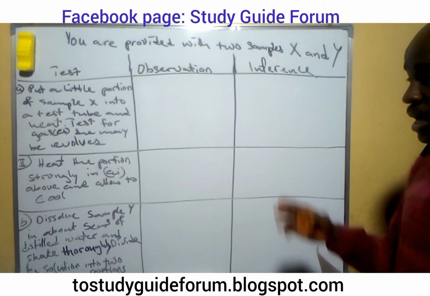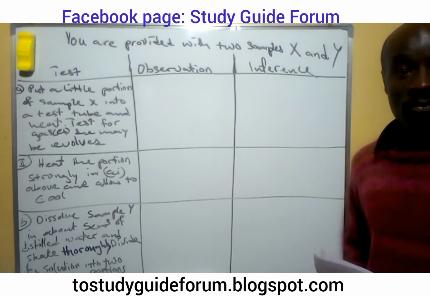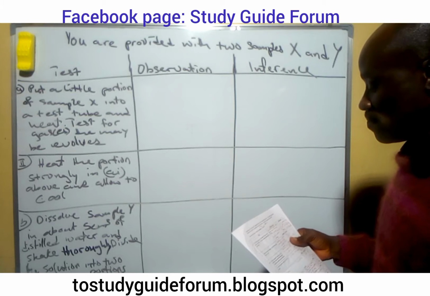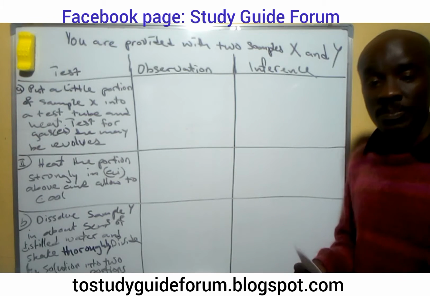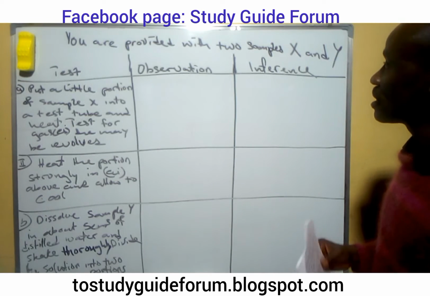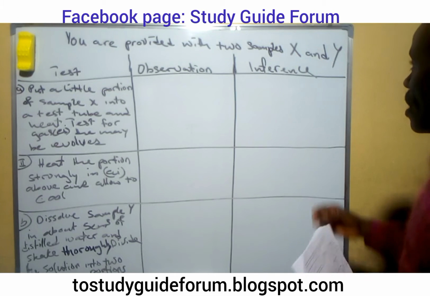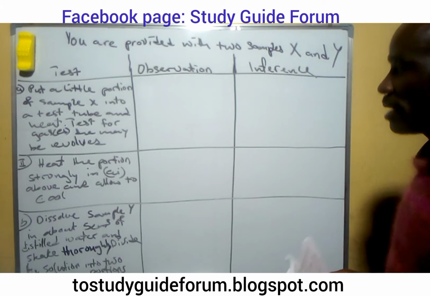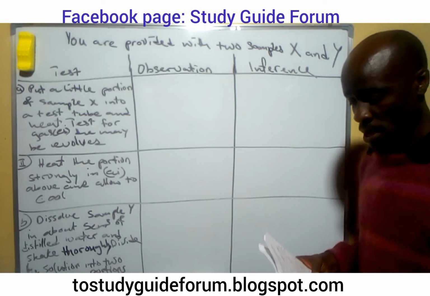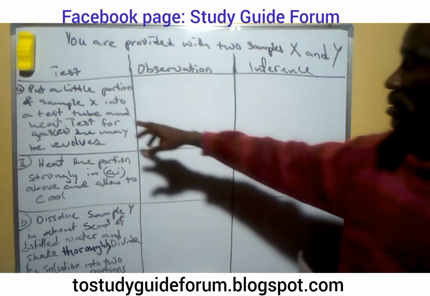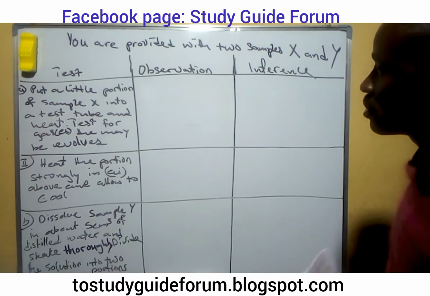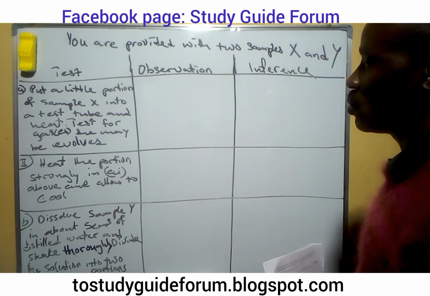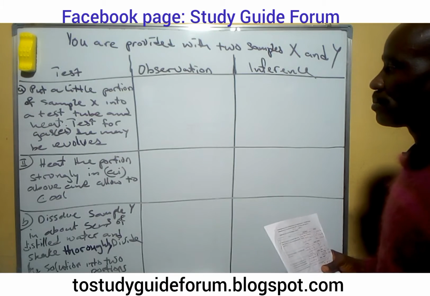So the exam normally comes with volumetric analysis and qualitative analysis. In this qualitative analysis, the students were provided with samples tagged X and Y. The question said that they should put a little portion of the sample X into a test tube and heat.